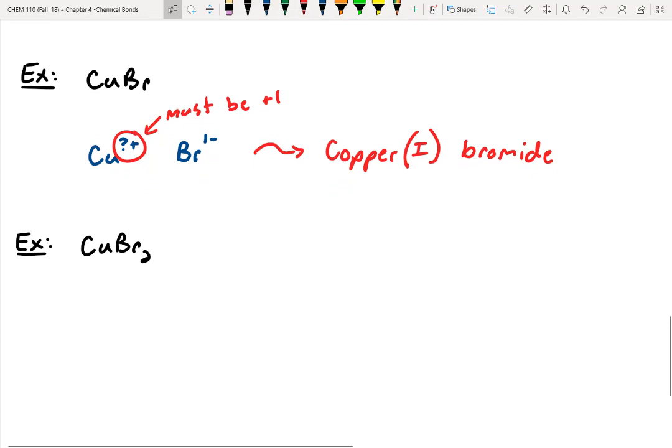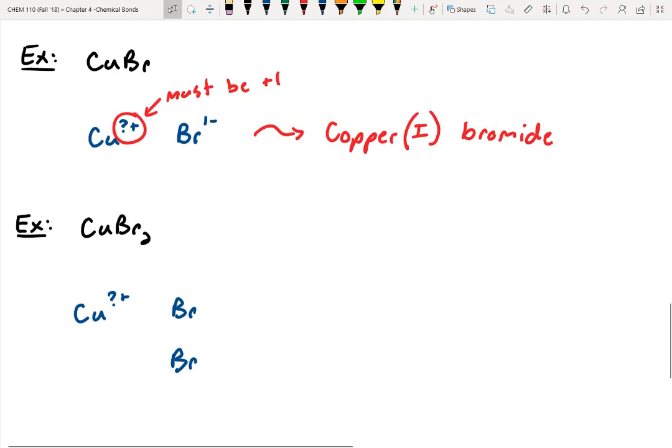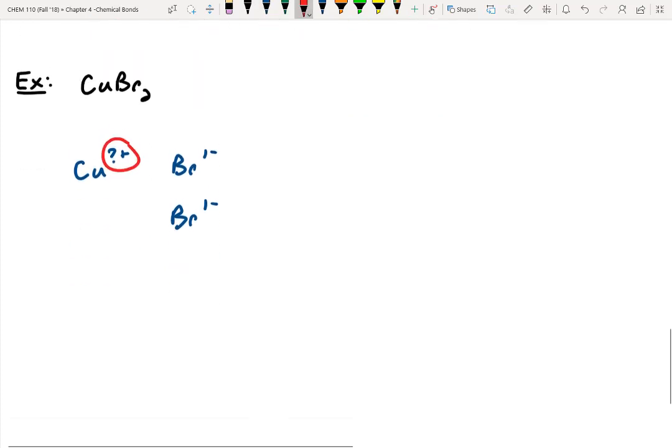All right, versus the bottom one, we've got copper again with some unknown charge, but now we've got 2 bromines. We know bromine, when it's ionic, is always -1. All right, that means that the charge for this copper would be what? +2, exactly. Yep.